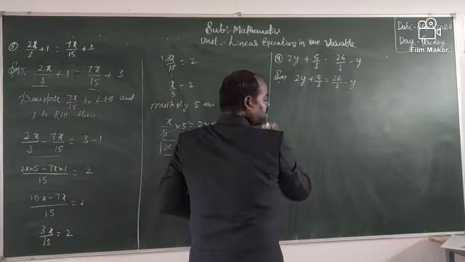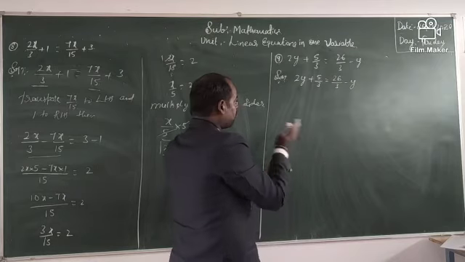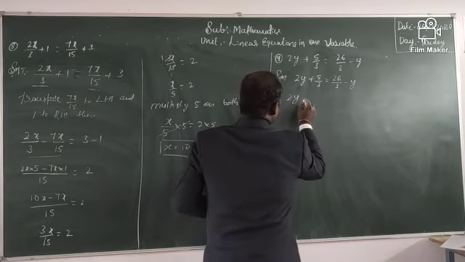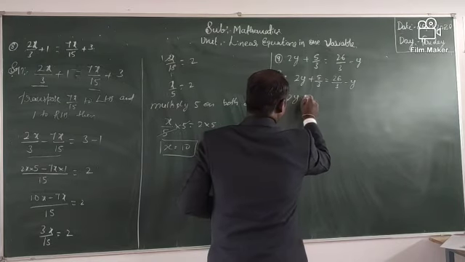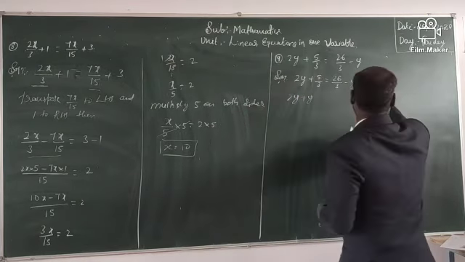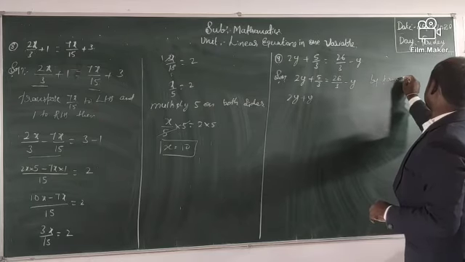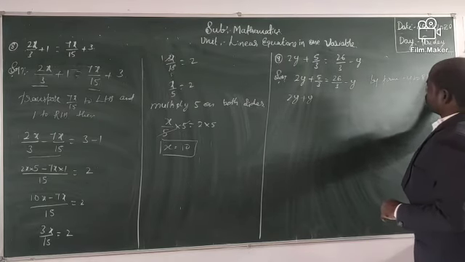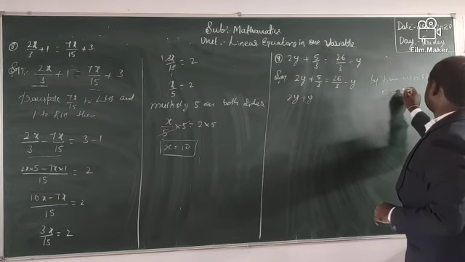Now, separate the variables to variables and constants to constants. 2y plus y becomes, here by transposing, transpose minus y to LHS and 5/3 to RHS.